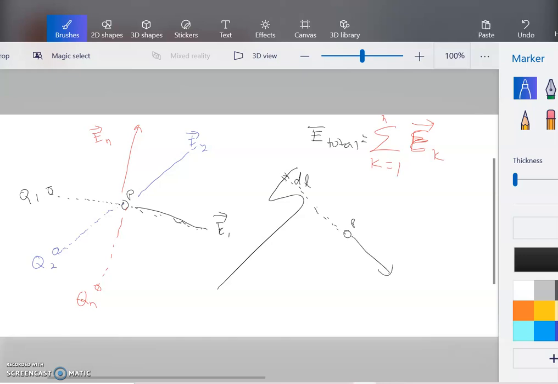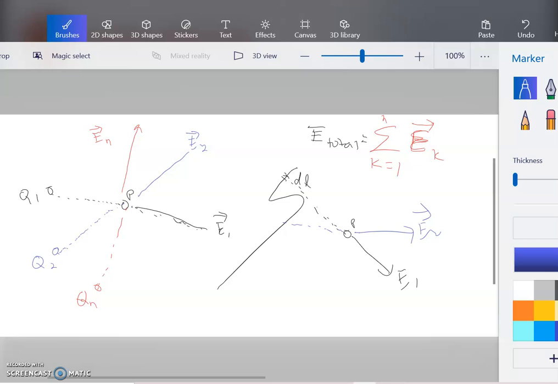Then you have, let's say, E1 here, and here you have E2. But because this is a very long continuous line charge, where we want to tackle the electric field intensity, we must take into account this factor of a line charge.